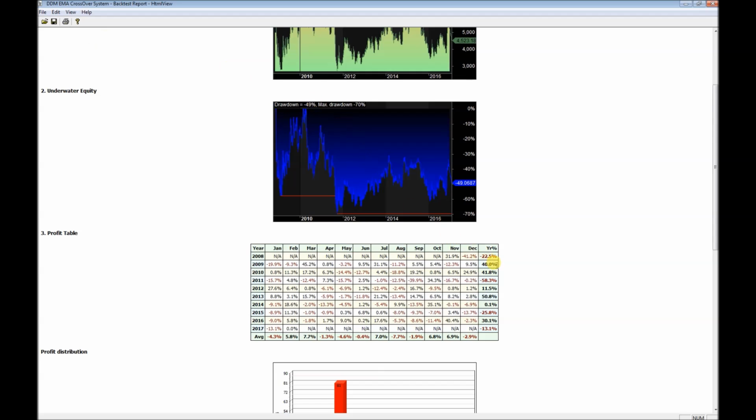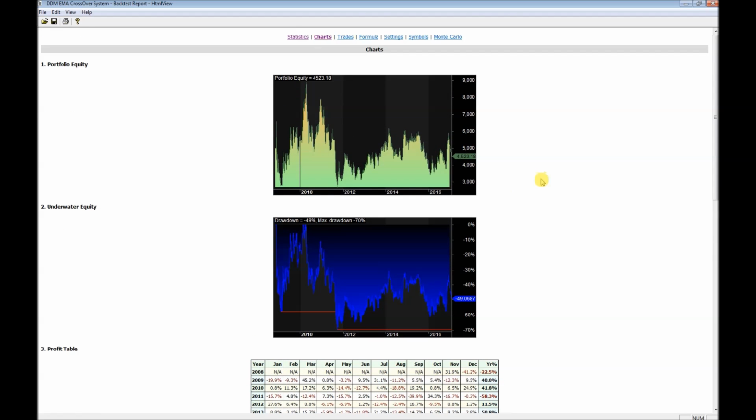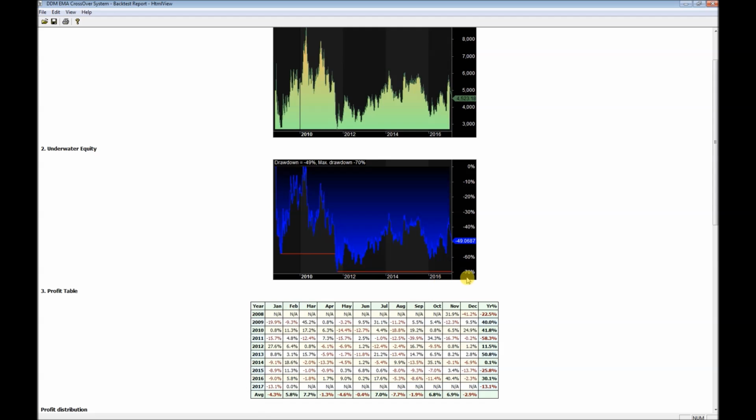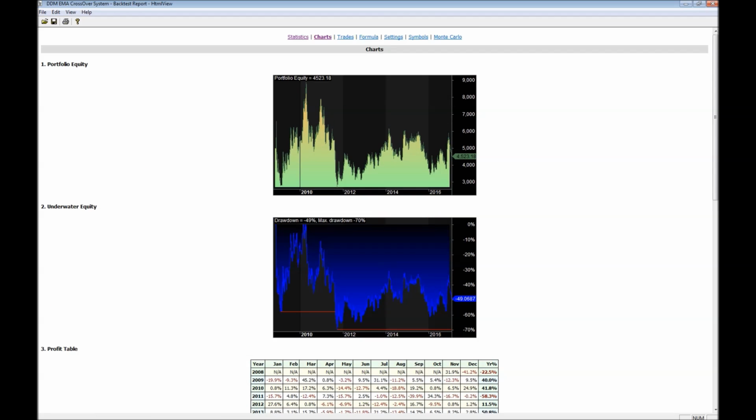Or on the inverse of that, you can hit a number of really good years and not understand what the potential risks are for your system, and understanding that, hey, it could have a potentially 70% drawdown at some point in time. Okay, so we're going to look at some more data because this isn't really the full picture, but it's one piece of the puzzle to look at a bigger picture.